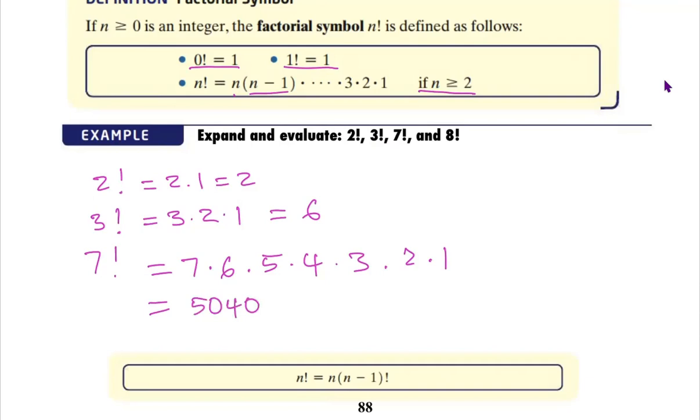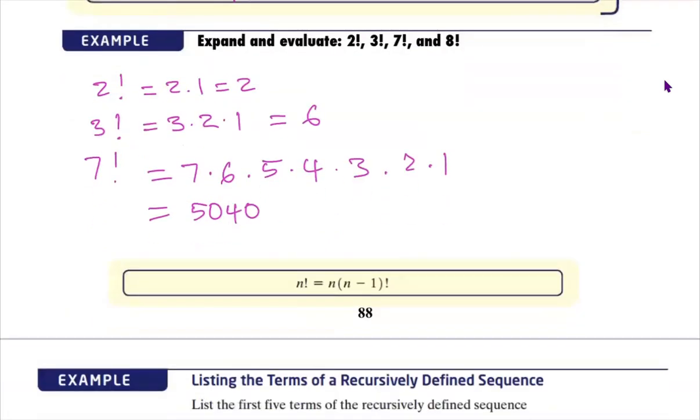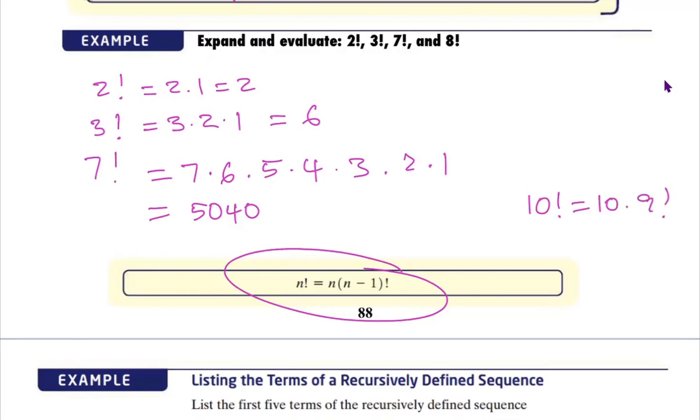And then factorial of 8 would be... Let me do factorial of 8 after we look at this property here, right? This property, what it tells you. If I'm looking for factorial of 10, it's the same as 10 times factorial of 9. That's what this property says.